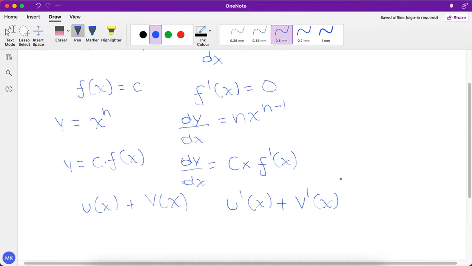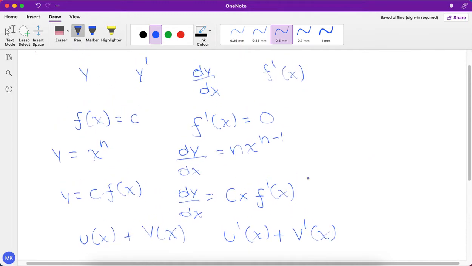So now I'm going to be discussing some questions. For using the first rule, say y is minus 5 by 6 and we are asked to find dy by dx. So y is minus 5 by 6 and we know that the differentiation of any constant is 0. So dy by dx is 0.